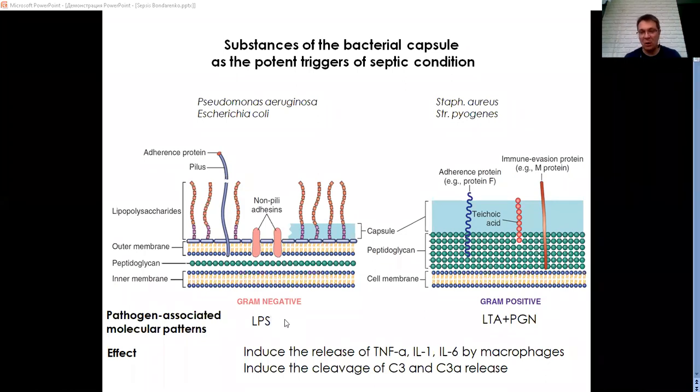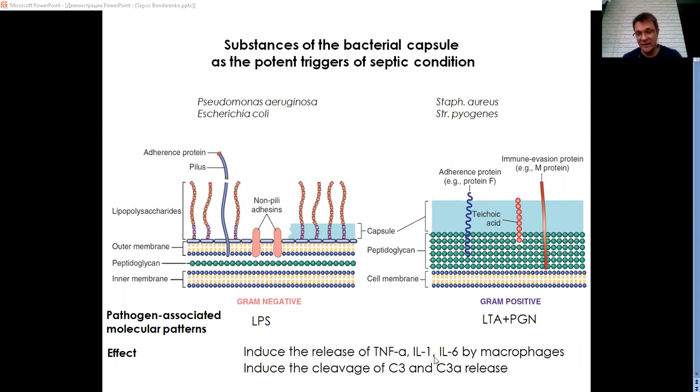they produce almost equal effect on our immune-competent cells, macrophages and neutrophils, and secondly, in response to the irritation of the macrophages and neutrophils, they produce the so-called first wave mediators of inflammation.